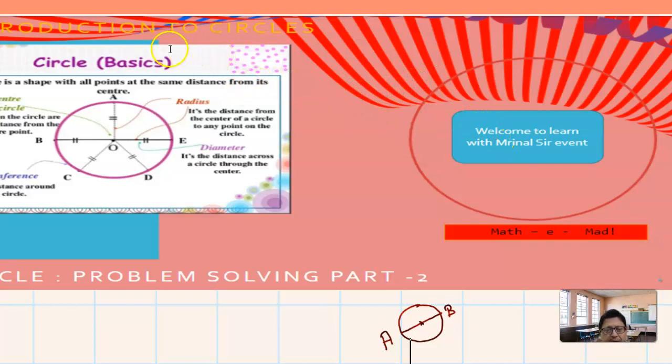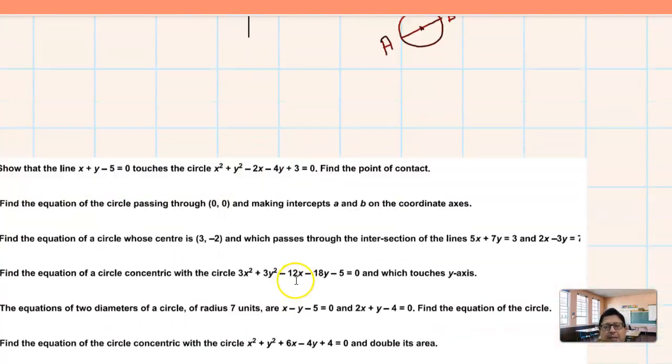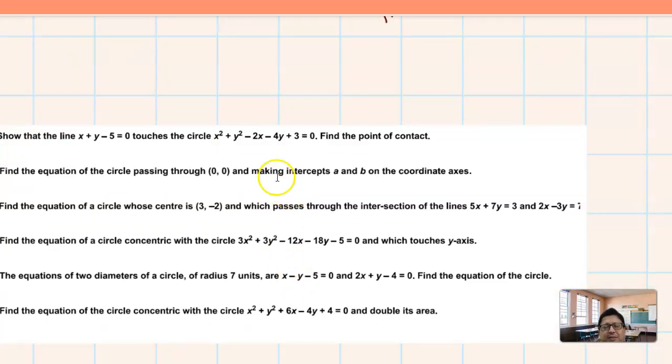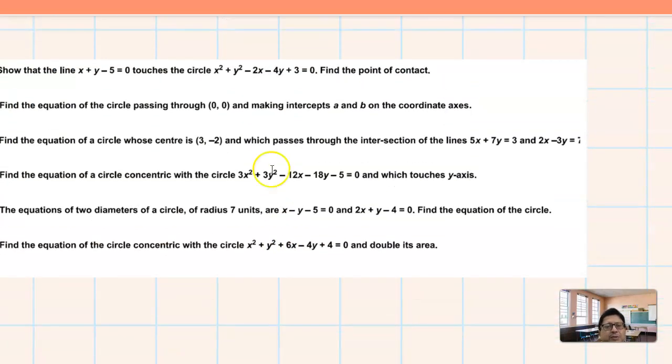Today we are going to continue solving sums on circle from the worksheet. The problem arises in this manner also. Sometimes they say, show that this line will touch the circle and find the point of contact.